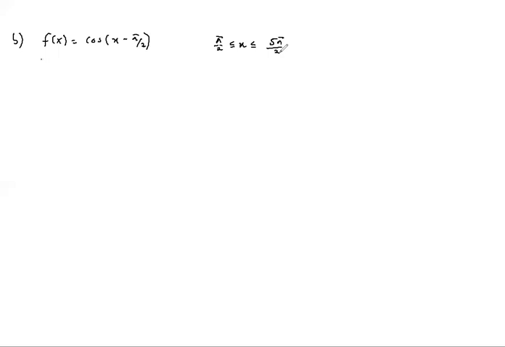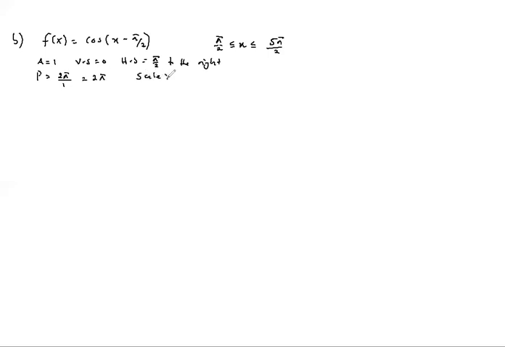So again, the amplitude is 1, vertical shift is 0, horizontal shift is pi over 2, of course to the right, because it's positive. The period is 2 pi divided by the coefficient of x, which is 1. So I get 2 pi.